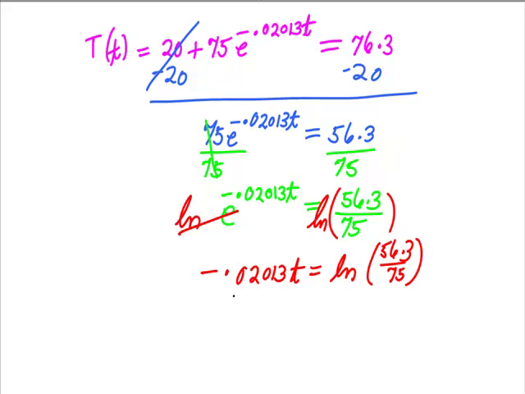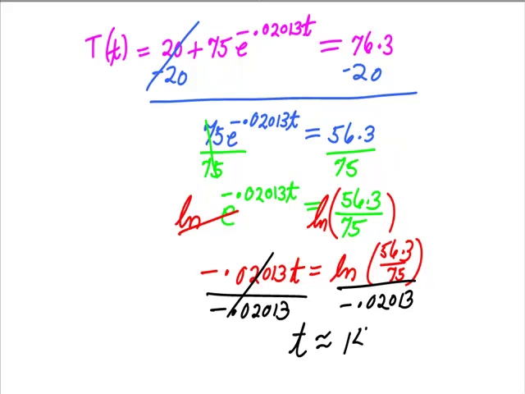So now we will divide by negative 0.02013. So we get that t is approximately 14.25 minutes. So it reached that average just a little before the halfway mark.